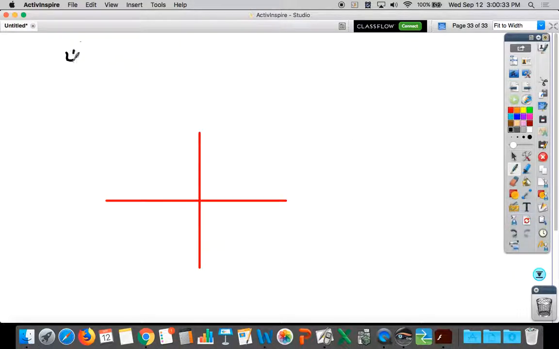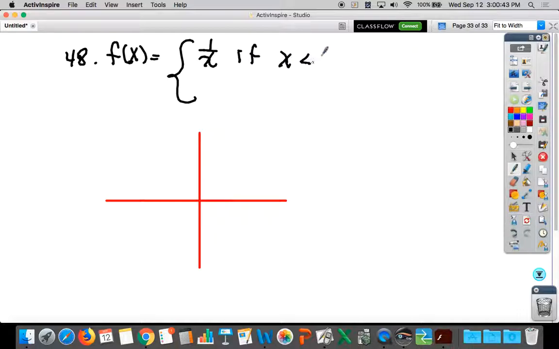All right, let's look at 48. 1 over x and square root of x. So I know the 1 over x is right here and right here.